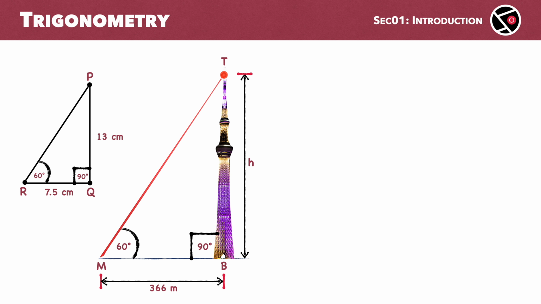First, angle TMB and angle PRQ are both 60 degrees. Second, angle TBM and angle PQR are both 90 degrees. So, using the AA criterion for similarity, we can confidently say that triangle TBM is similar to triangle PQR.